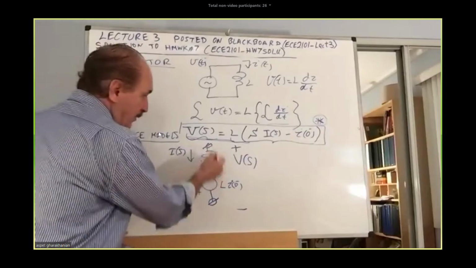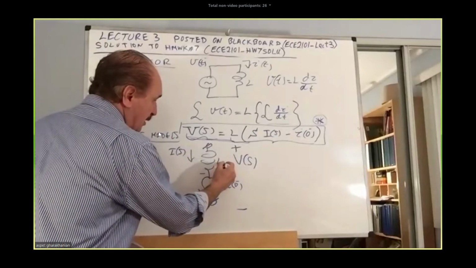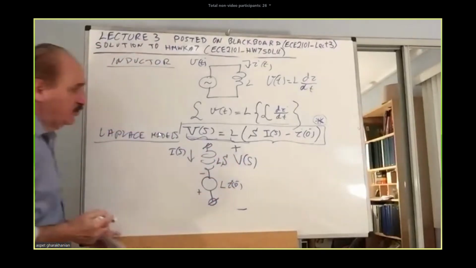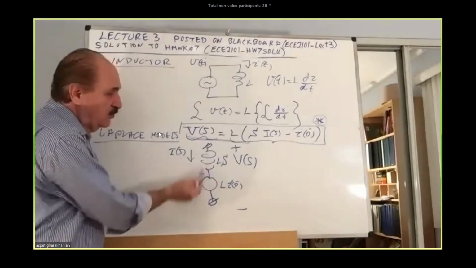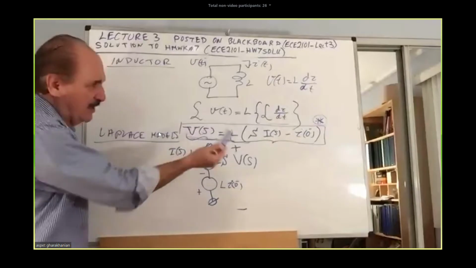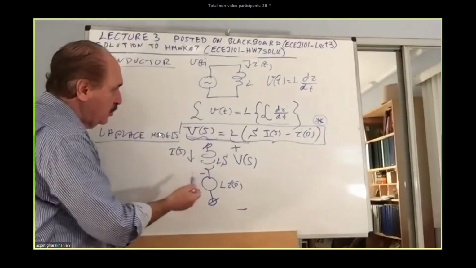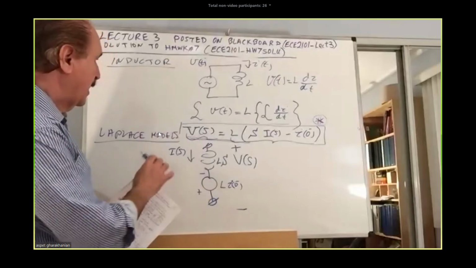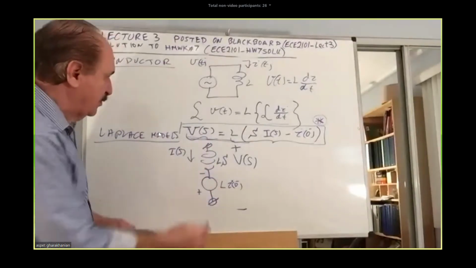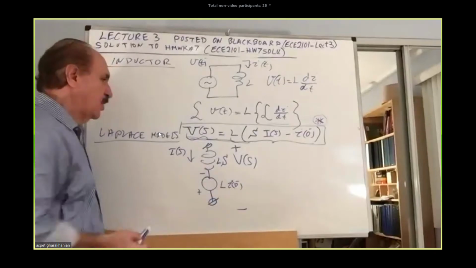Where this one is L times s. For the inductor, you will put the Ls. Now, Ls is the impedance of the inductor without the energy. It's the one that I just explained. So here, this relationship will exist between the circuit law that you apply here.